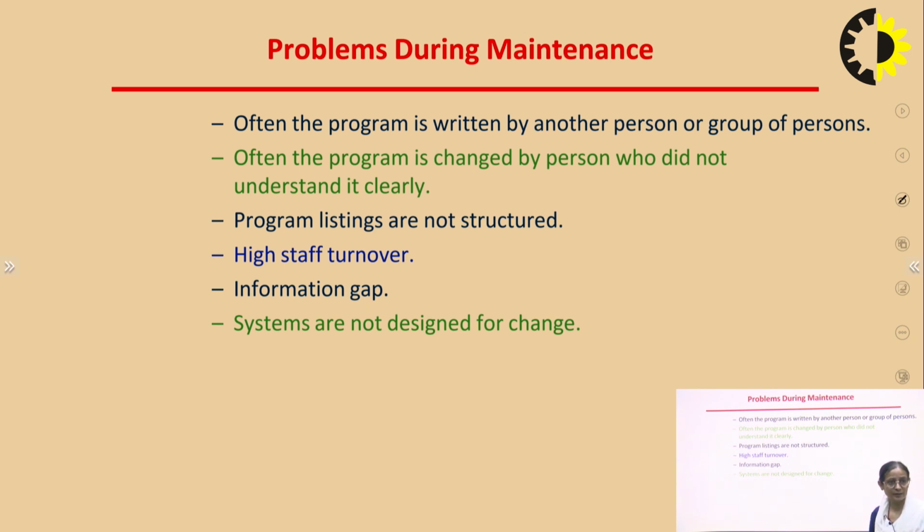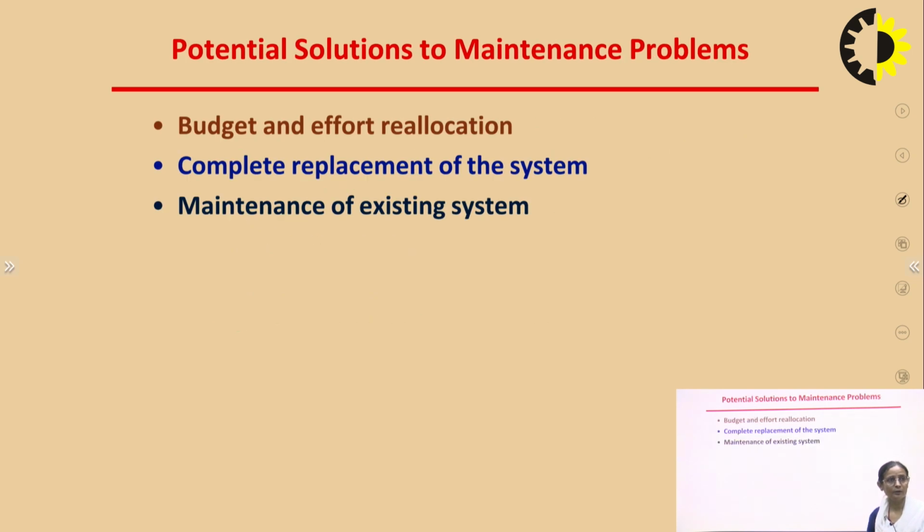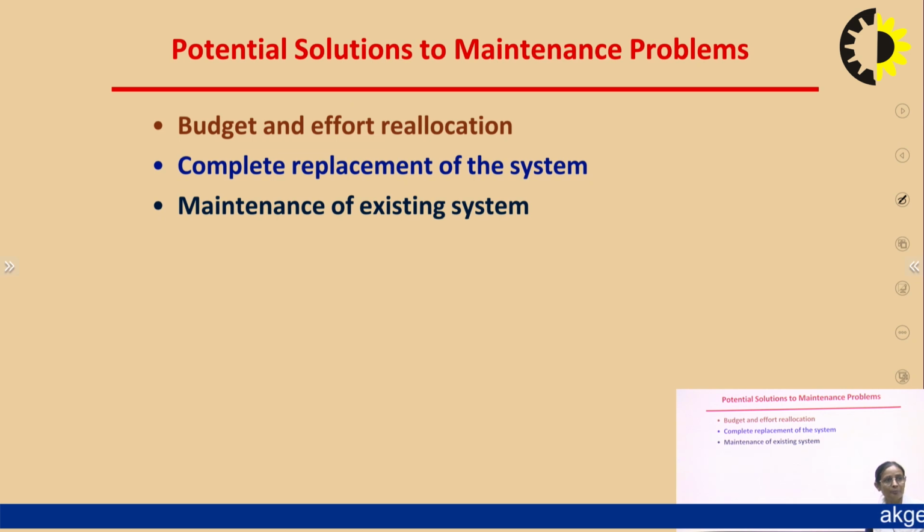Systems are not designed for change. So these are the challenges encountered during the maintenance phase. What are the potential solutions? Budget and effort reallocation, complete replacement of the system, maintenance of the existing system. So these are the potential solutions if we encounter certain issues during the maintenance phase.